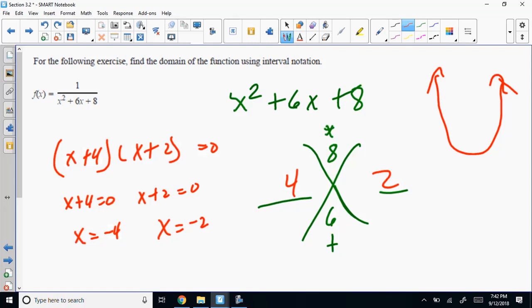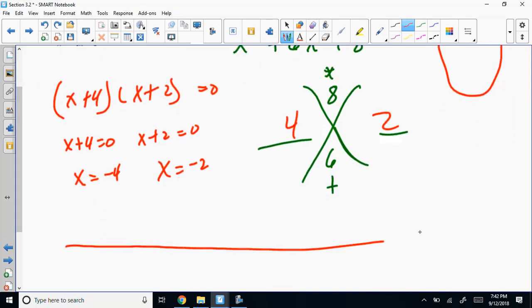So we've got some restrictions, right? It can't equal -4 or negative what? It can't equal them, right? So how do we write that?